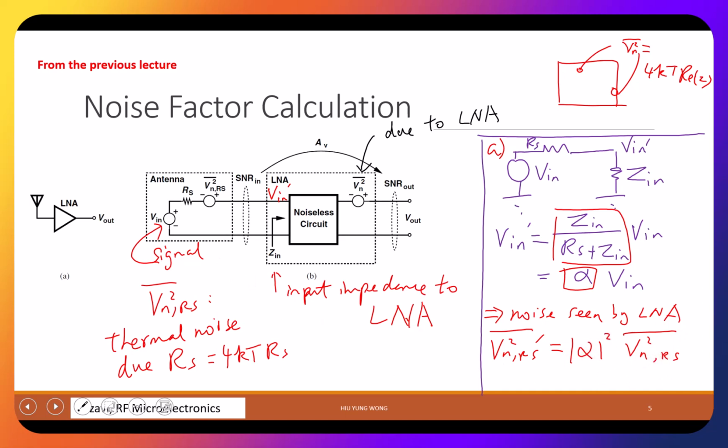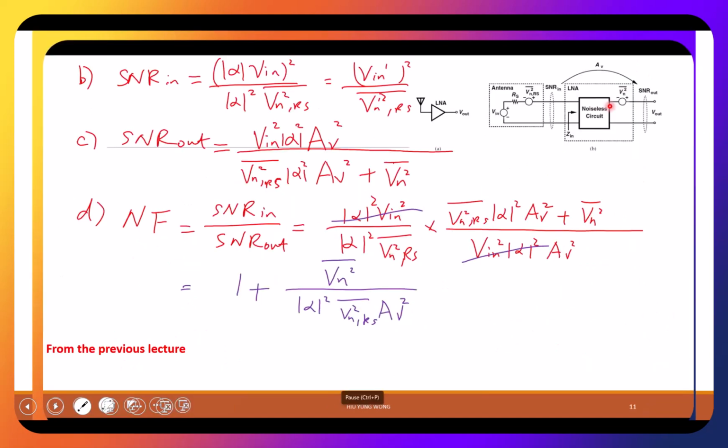Because voltage is times alpha, then the power is times alpha square. So this is the noise seen by L19A. But of course, the voltage is also scaled by that much. So in the input, the voltage seen by this L19A, which is the input signal power, is actually alpha Vin square. Do you agree with this?